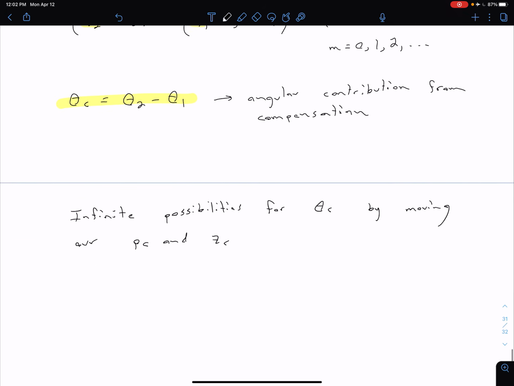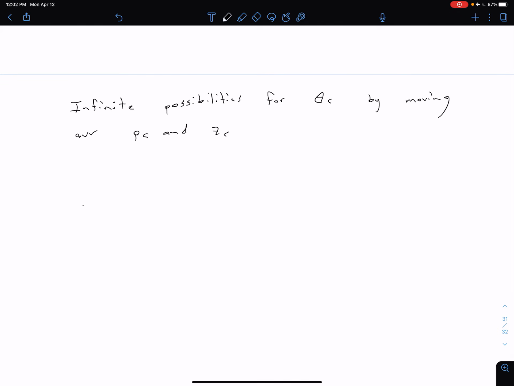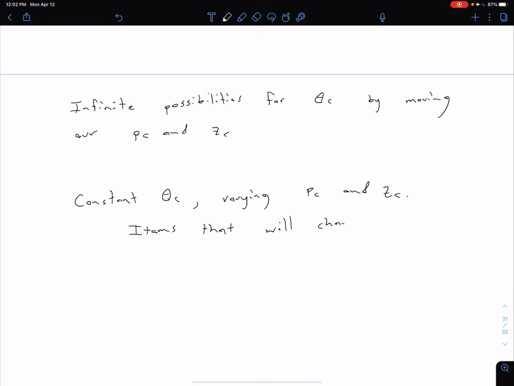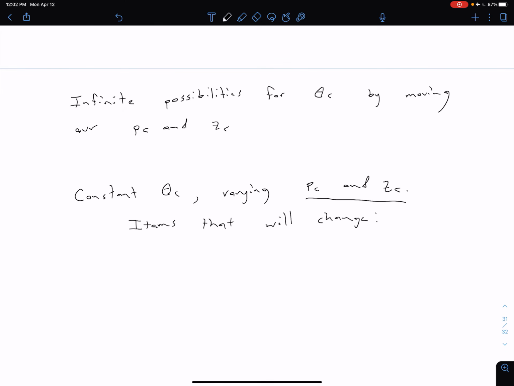So for example, for a constant theta c, but if we are varying, choosing different values of our PC and our ZC, there are items that will change. We're moving PC and ZC, but keeping our theta c constant, and we still can see change in various things.